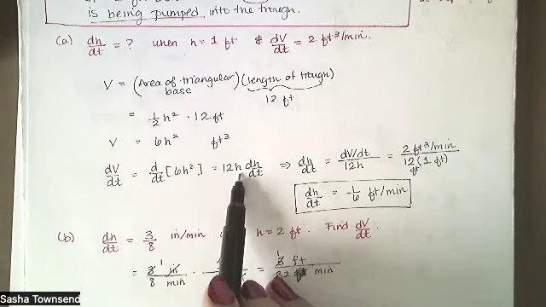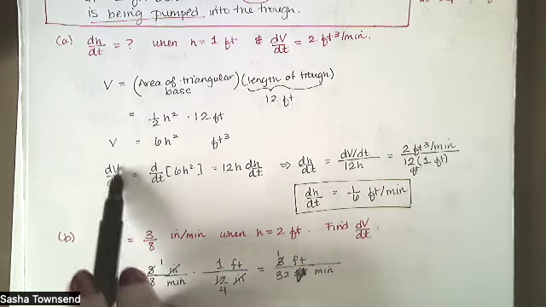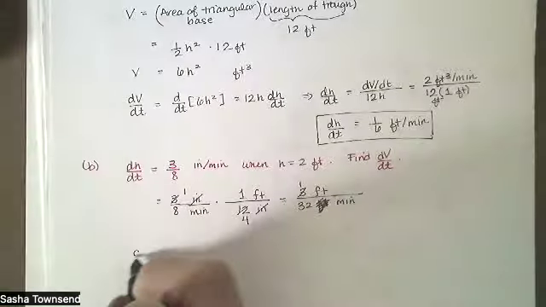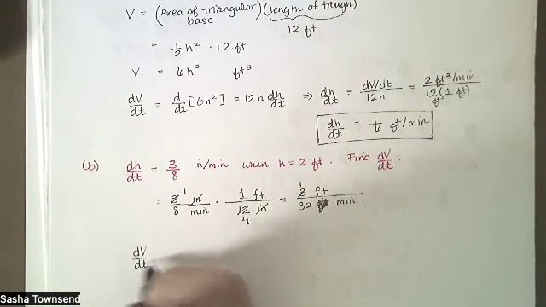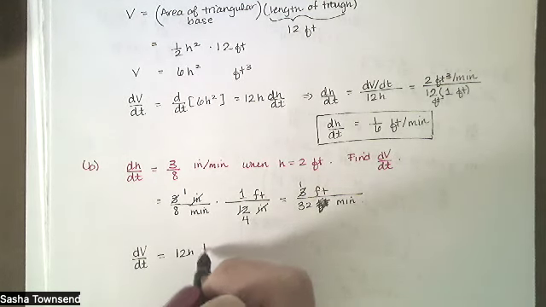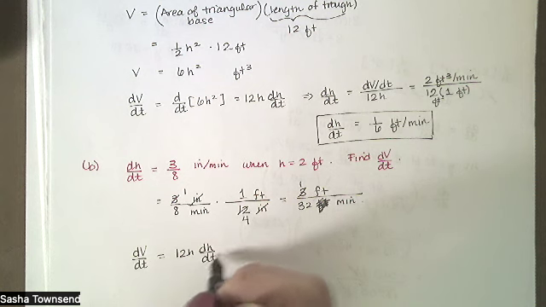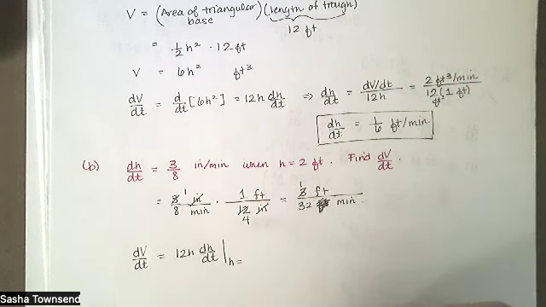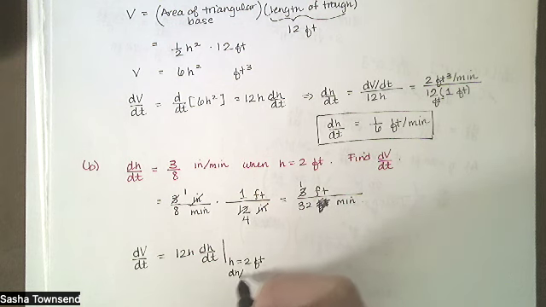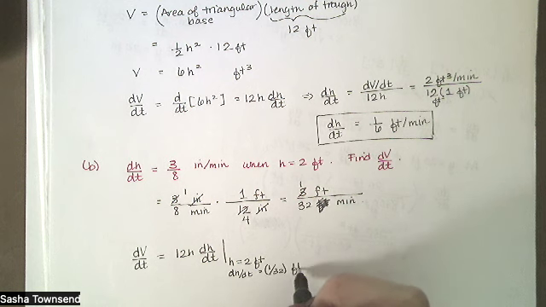So we know what the height is, we know what dh/dt is, and we want to know what dV/dt is. So we just substitute: dV/dt is equal to 12h times dh/dt. h is equal to 2 feet. dh/dt is equal to 1 divided by 32 feet per minute.